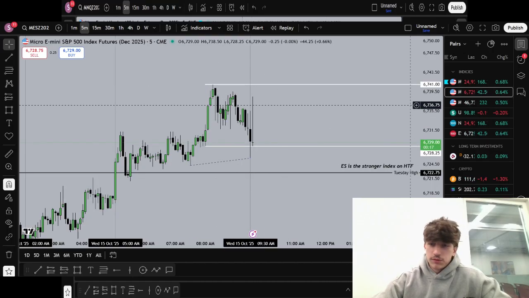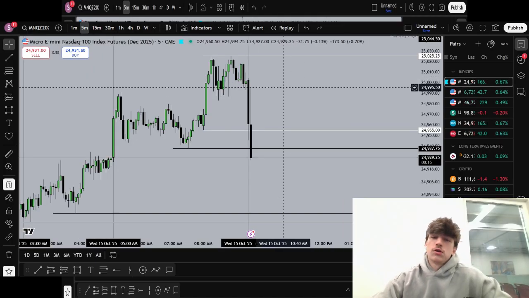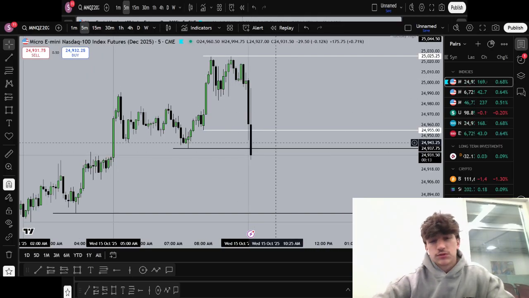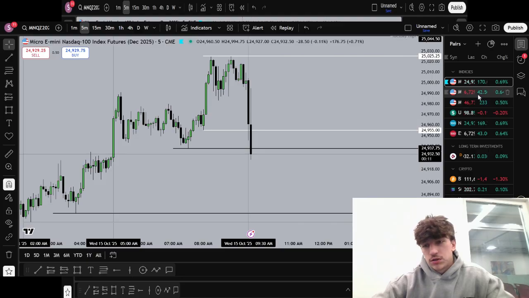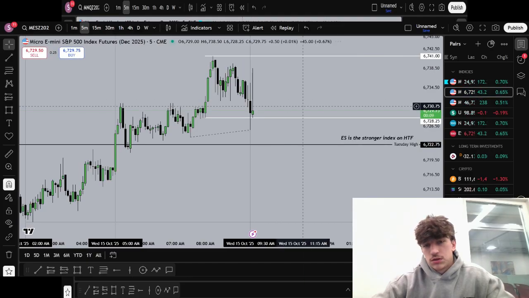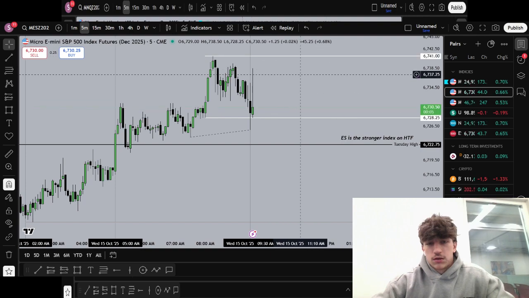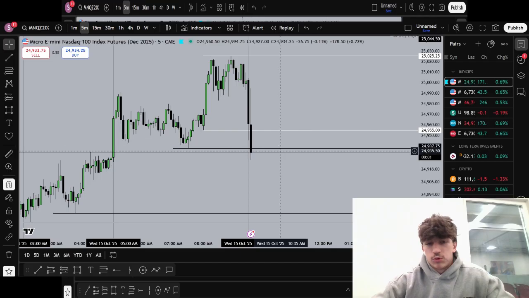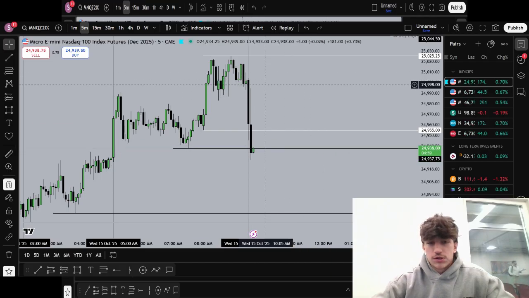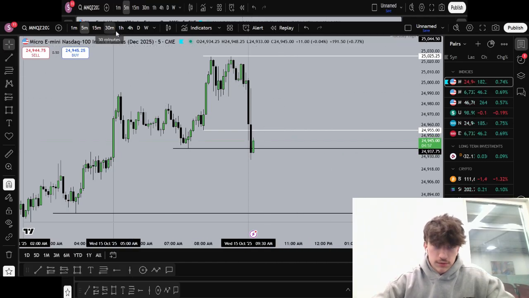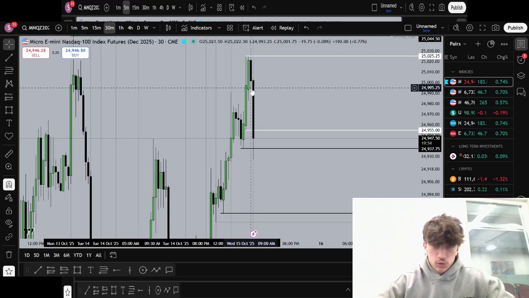We can ignore that and hopefully form another SMT. With how low NASDAQ's coming, if we move that high on ES, moving that high on NASDAQ will put us around here, which on a high time frame is an order block.